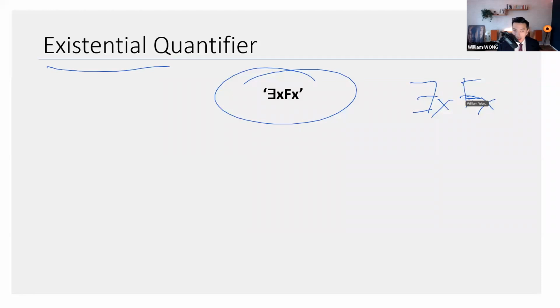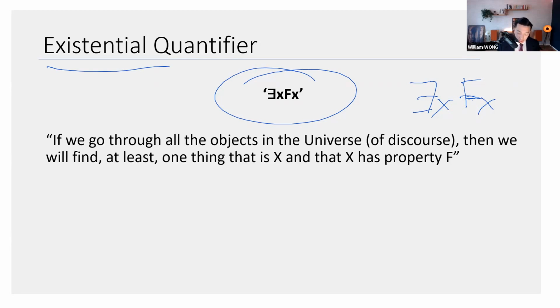You're saying there exists an object in the world, and that object is funny. I think this is tantamount, or it's the same as saying, if we go through all of the objects in the universe of this course, then we will find at least one thing that is x, and that x has property F.